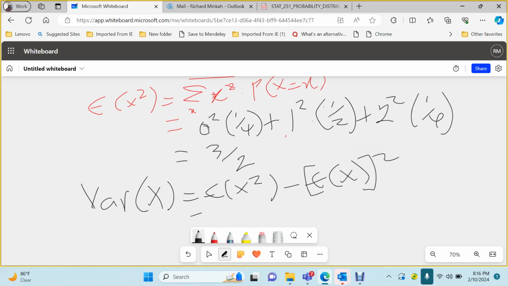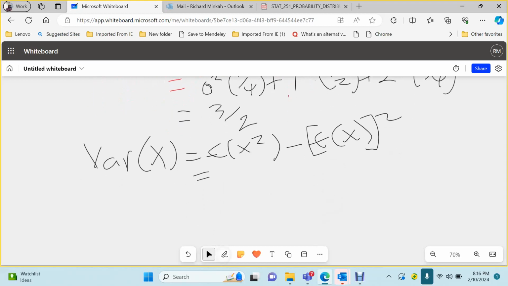Good. Okay. So we're going to get the expected value of x squared, which is 3/2, minus 1 squared. Is everybody okay?